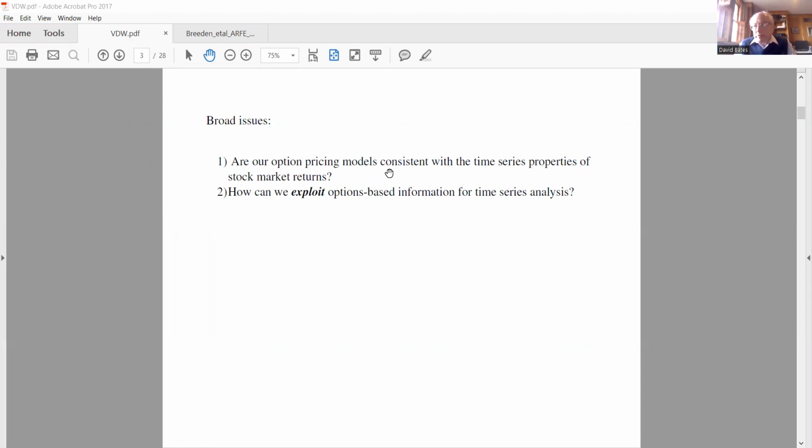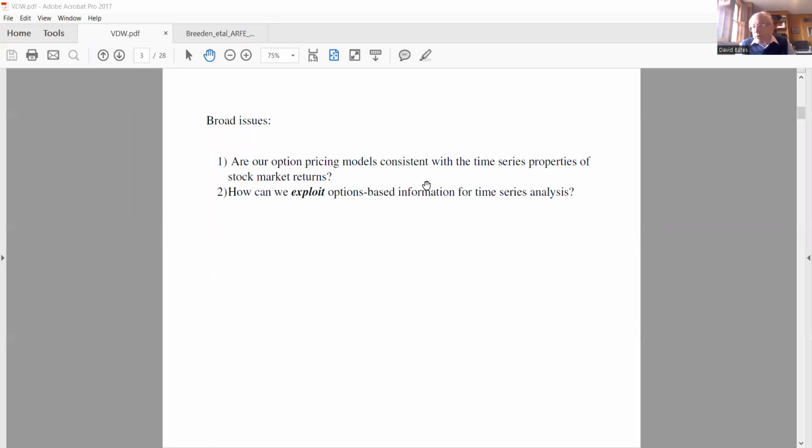We've been fitting the cross section of option prices with these models and identifying phenomena, but we really want to know if what the options are saying is actually borne out in the time series. Is this information from options reliable?